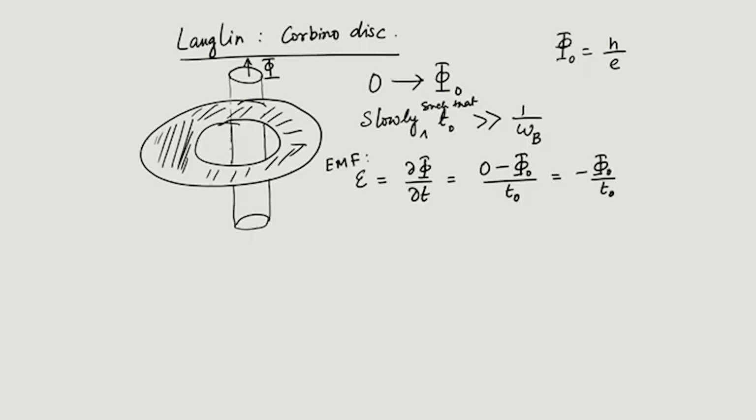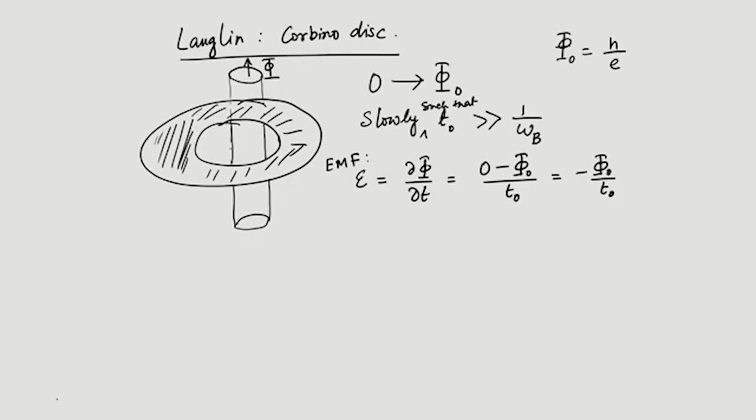Because of the EMF developed, there will be a transport of, say, n electrons from the inner edge of this disk, which is here. Let me show it by a color. So the electrons from here will be transported to here. So there will be n electrons transported from the inner edge to the outer edge, and that will give rise to a current.